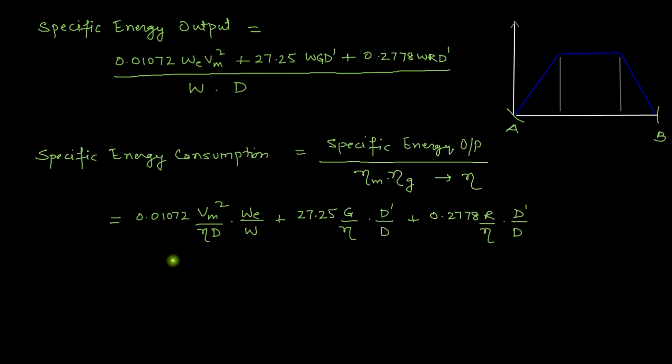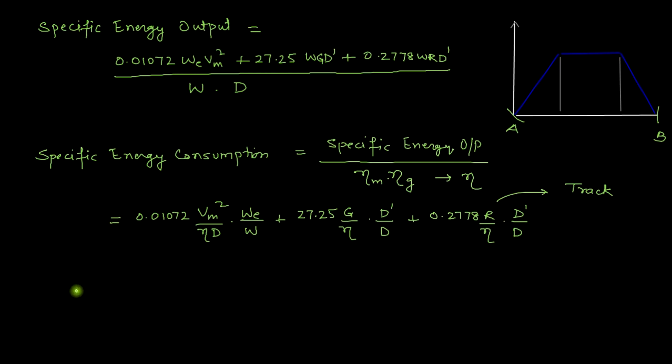From the above expression, we can conclude that the specific energy consumption depends upon the maximum speed attained between the two stations, distance between the two stations, and the resistance. Resistance is generally dependent on the track configuration, the type of train, I mean the goods train or the passenger train, because the goods train does not have windows, so the resistive force will be more on passenger trains.